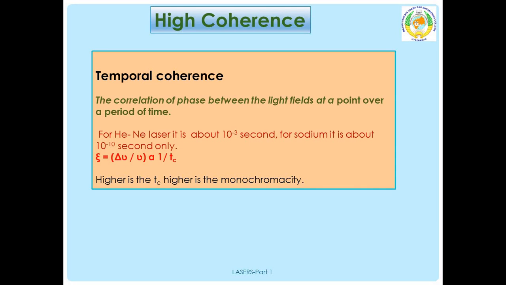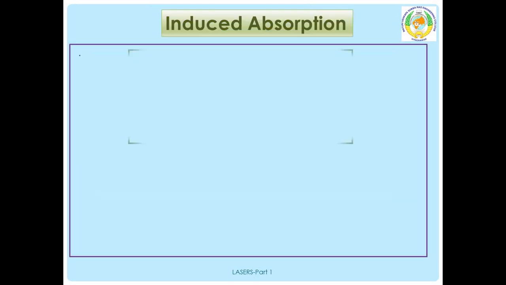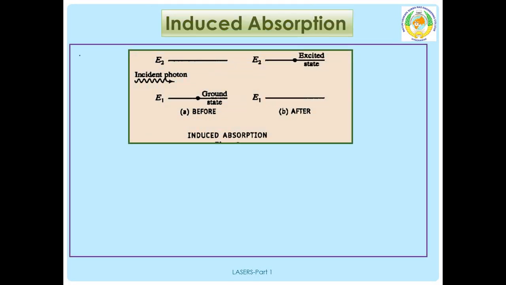And here also we see the factor zeta is proportional to 1 by Tc, where the higher the Tc, the higher the monochromacity.